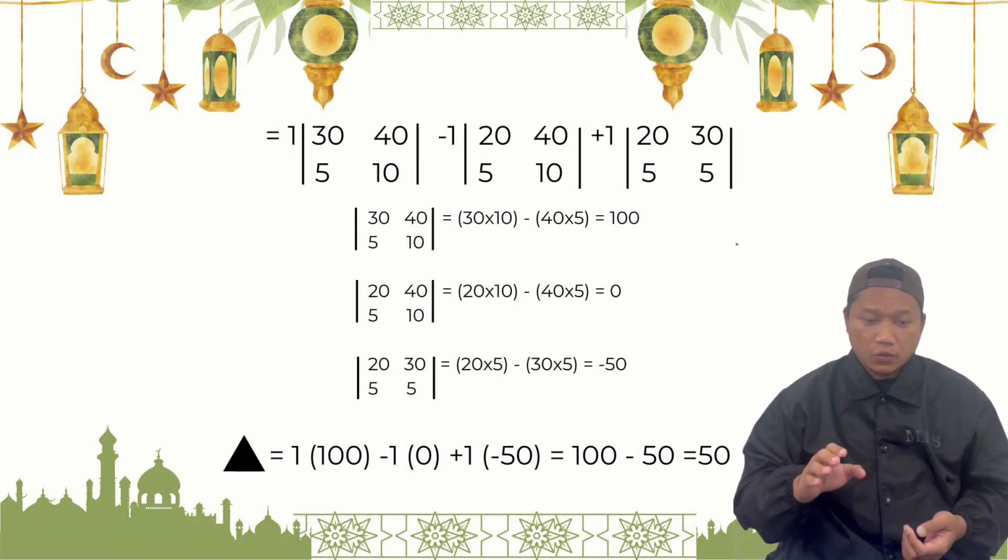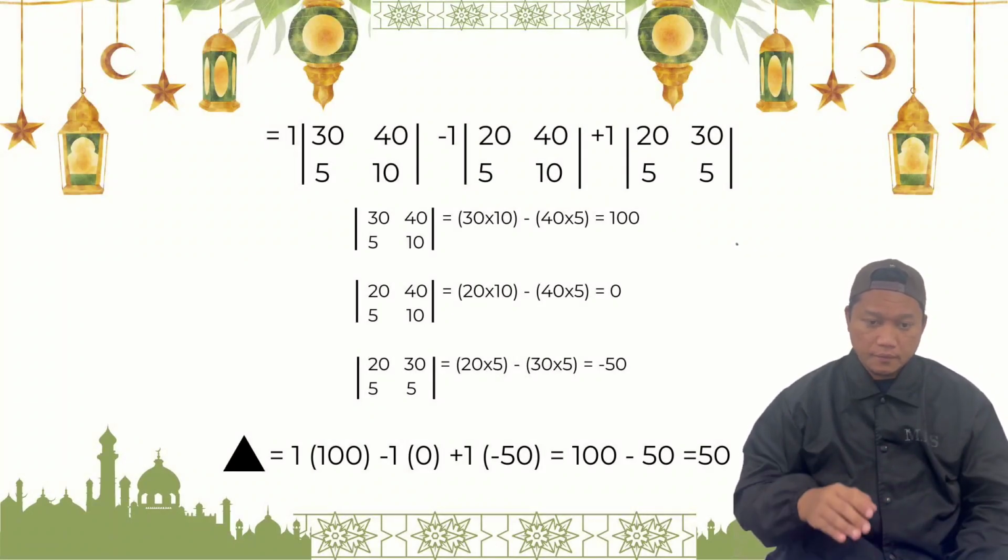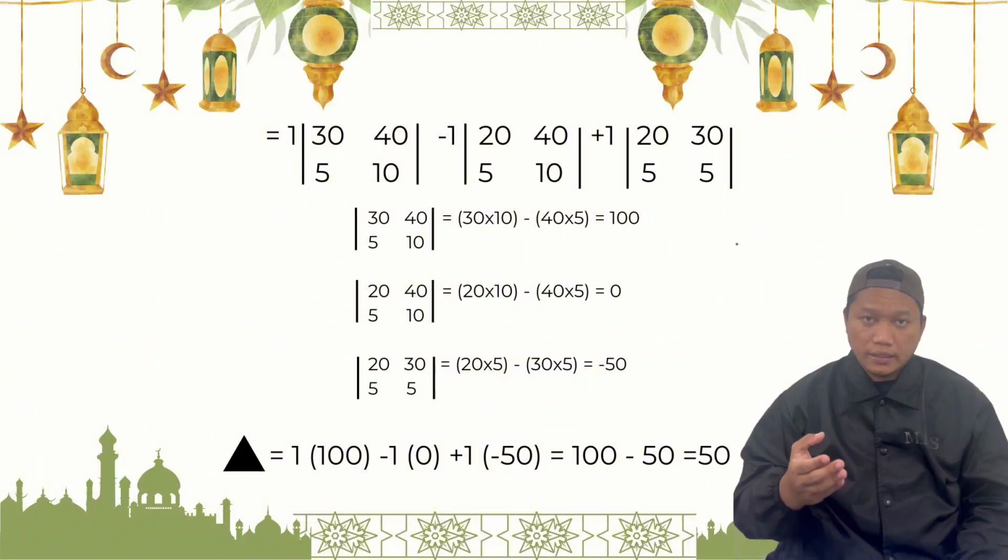[30, 40; 5, 10] equals 30 times 10 minus 40 times 5, equal to 100. [20, 40; 5, 10] equals 20 times 10 minus 40 times 5, equal to 0. [20, 30; 5, 5] equals 20 times 5 minus 30 times 5, equal to negative 50.